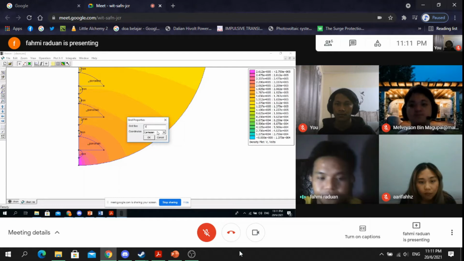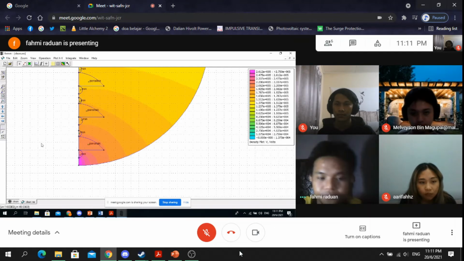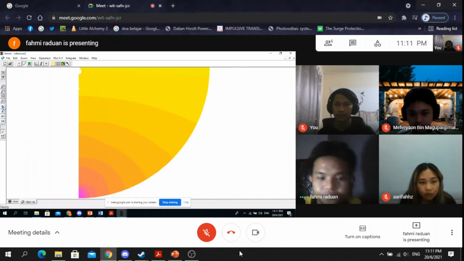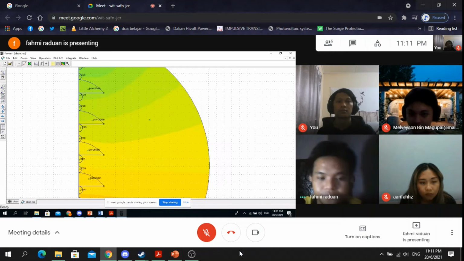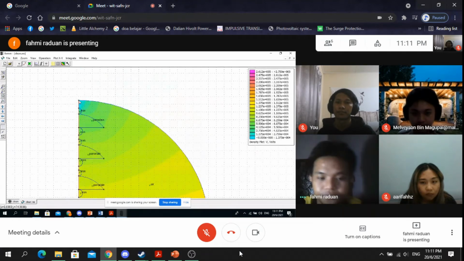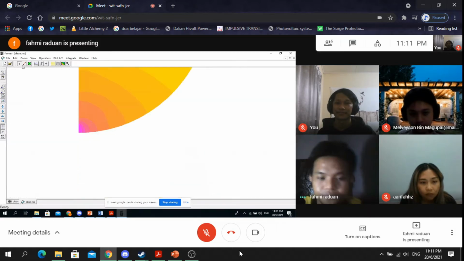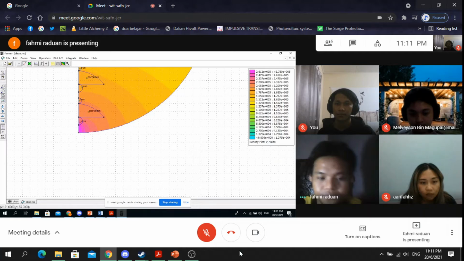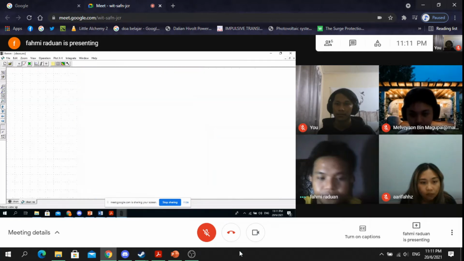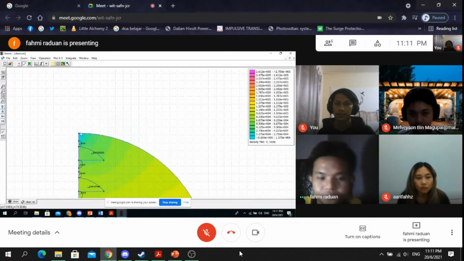We have to set the grid size to 1. This is to get the voltage, from top to bottom.